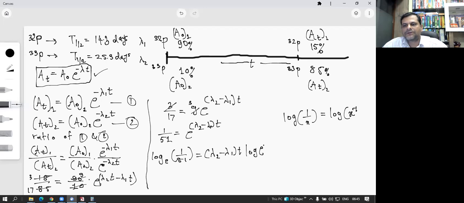We can write it as x raised to minus 1, and as we know, the power inside the log comes in front, so the minus sign comes out and it becomes minus of log of x. So according to this, log of 1 upon 51 will be equal to minus of log of 51. Correct?